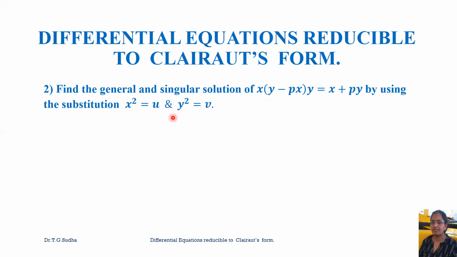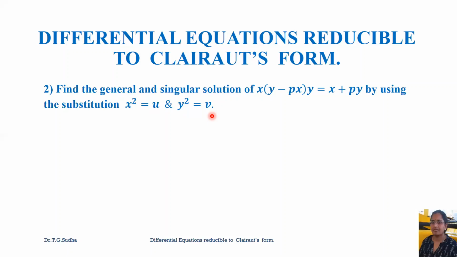In the previous example, we had changed only one variable, that is y to v. In this example, we need to change both the variables, that is x as well as y, to u and v. Therefore, dy by dx will be changed to dv by du now.